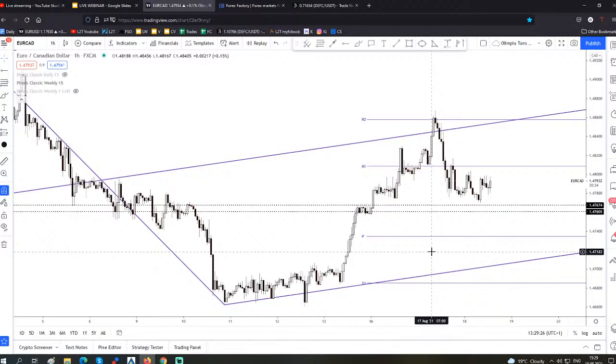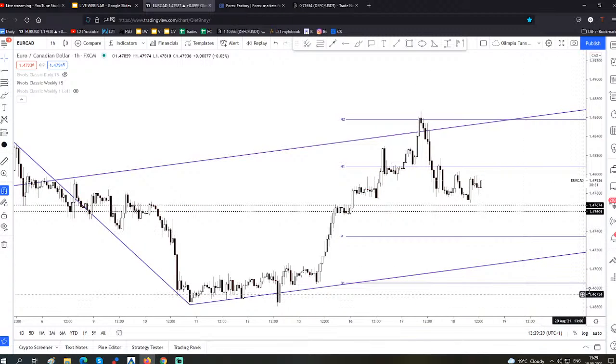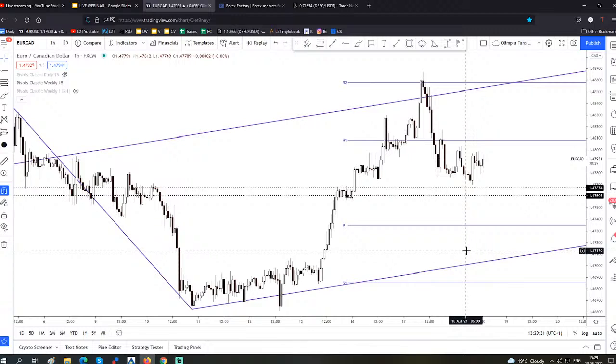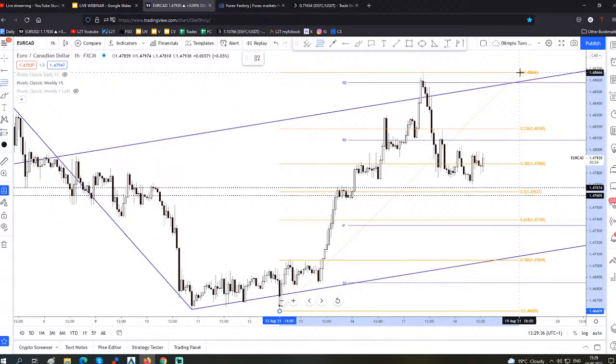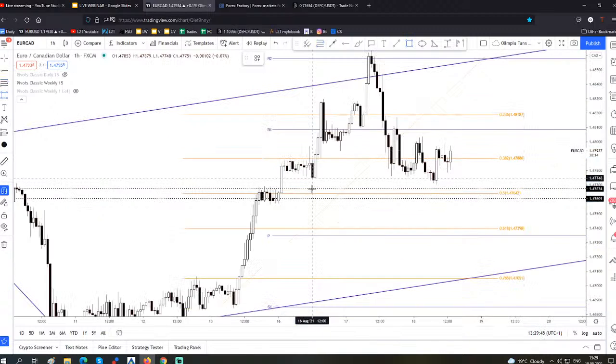Okay, so yeah, here on the 1 hour we can use also the Fibonacci retracement tool here. It has failed to hit this, I told you, support zone. It has failed to drop towards the 50% retracement level.